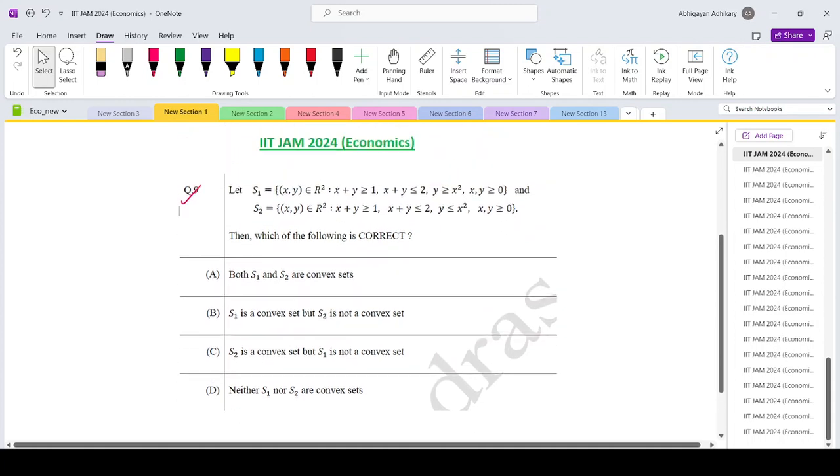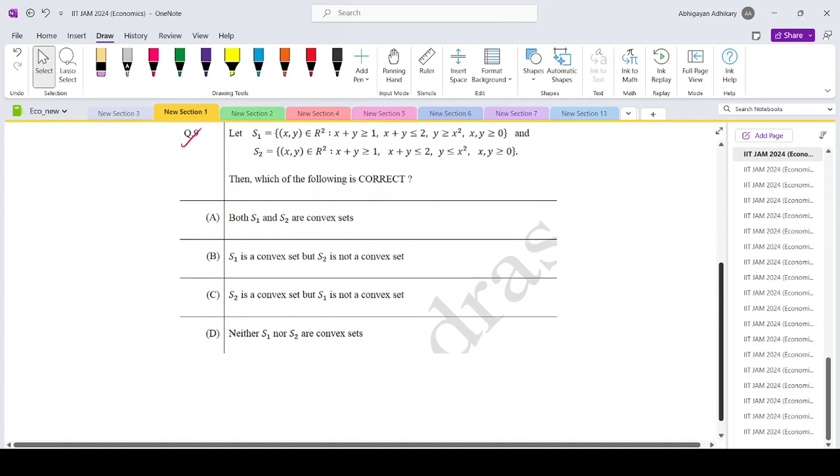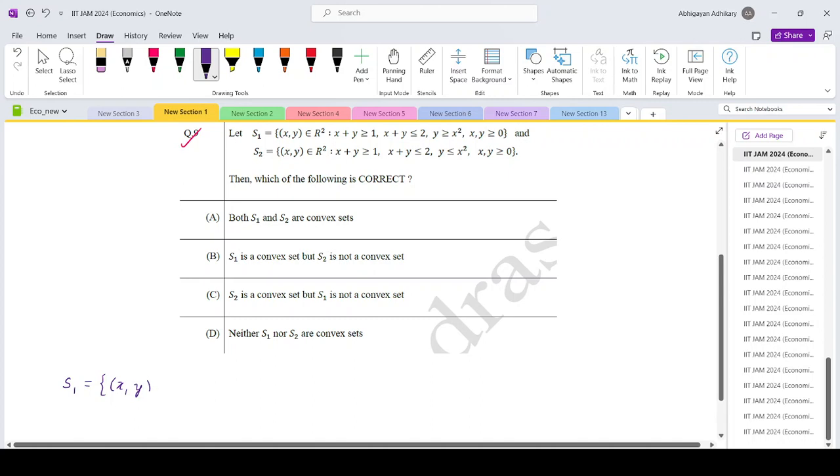If we can just have a graphical view of it first, we just take a quick graph over here. If I can just write it down, S1 is basically the set of all (x, y) such that x plus y is greater than or equal to 1, x plus y is less than or equal to 2, and y is greater than or equal to x square in the first quadrant.